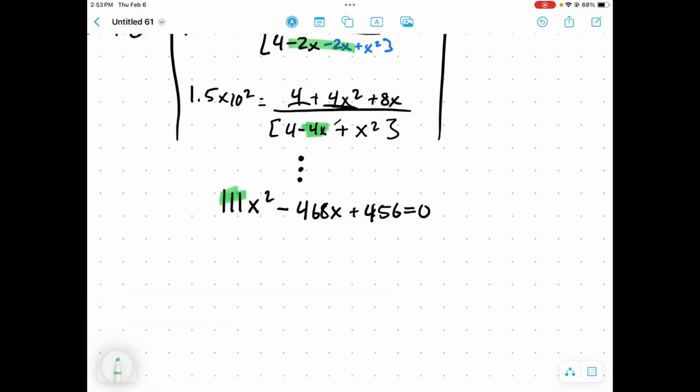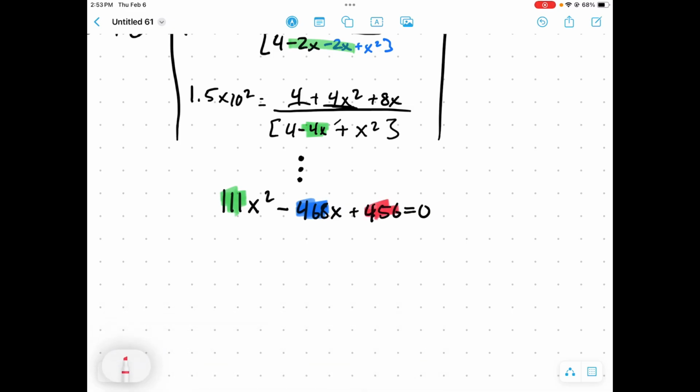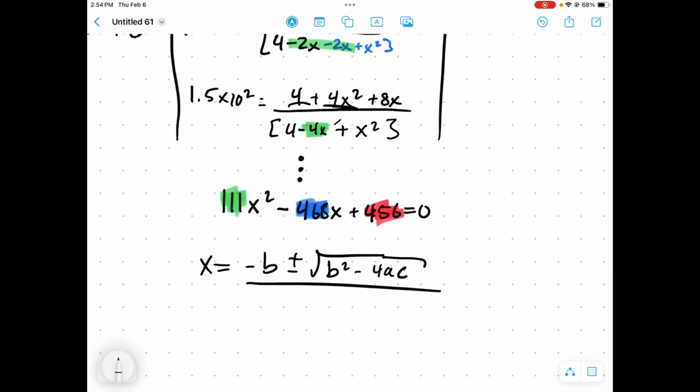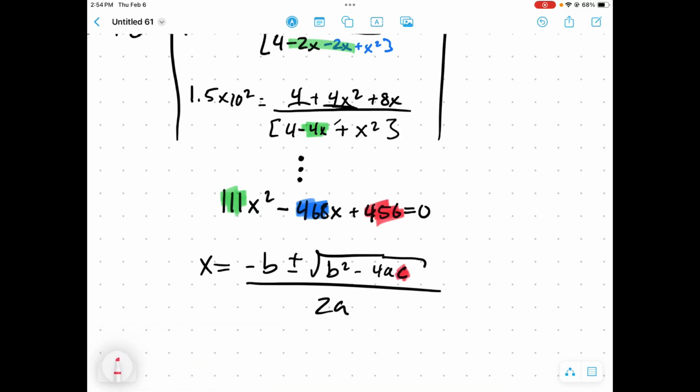And then from there, it's just like a regular quadratic formula. You have your A, your B, and your C. And you just plug that into the quadratic formula. And from here, you're just going to be plugging in each of those.